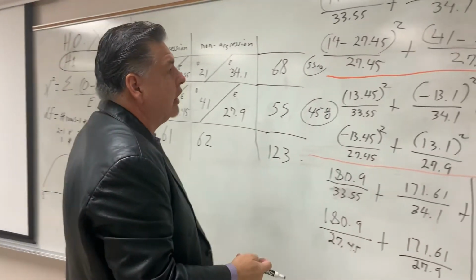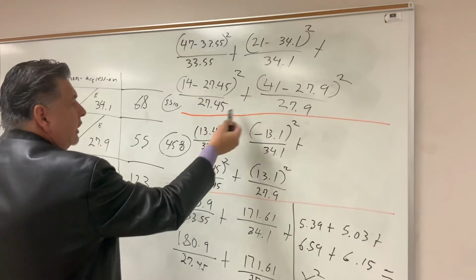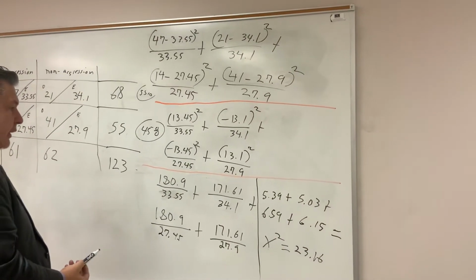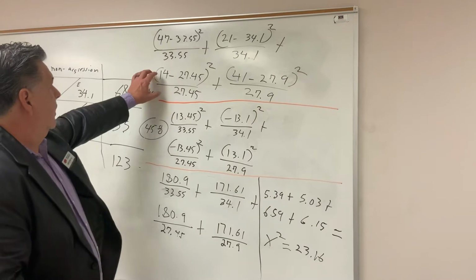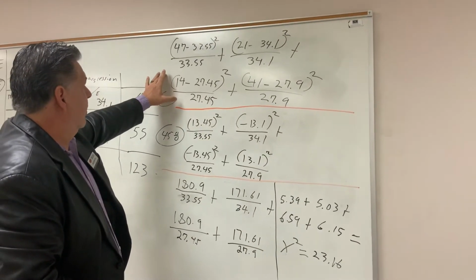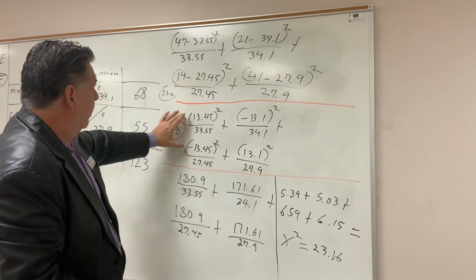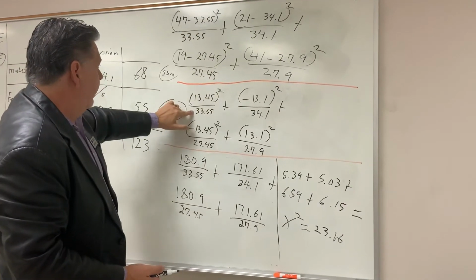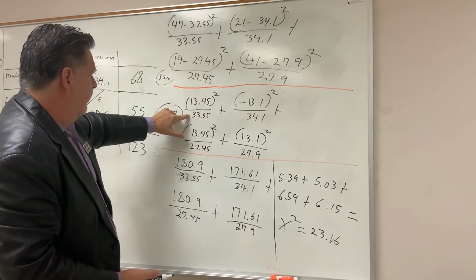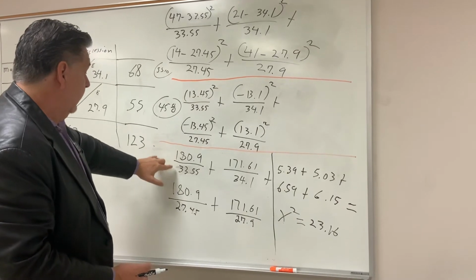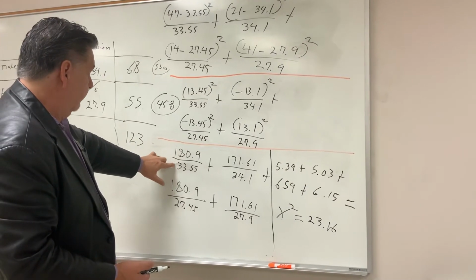So I'll come back over here, and like I say, you can follow along with what I've done on the board. You just break it down. I'll subtract this, square it, and then divide by my expected value. And then over here, I'll take this number, square it, and divide.